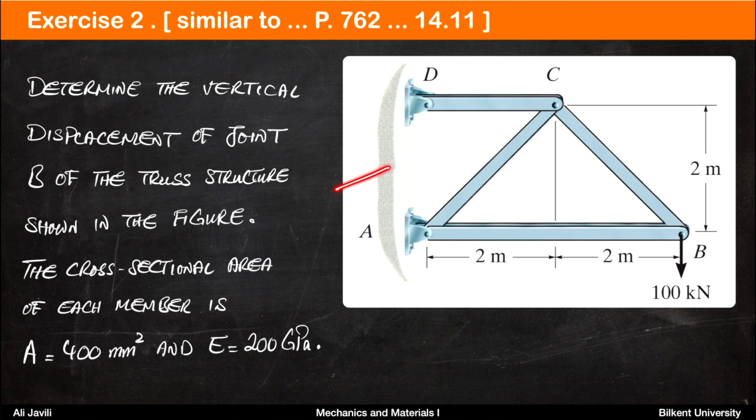So you have a truss structure given in the figure. You apply a force of 100 kilonewton downwards at point B, and we want to know, due to that force, how much deflection you would get at point B.